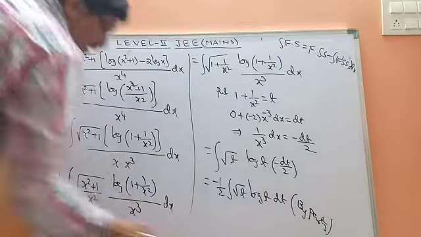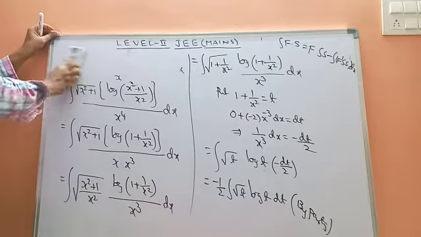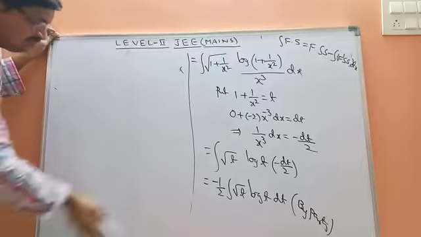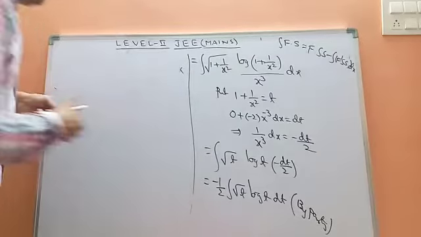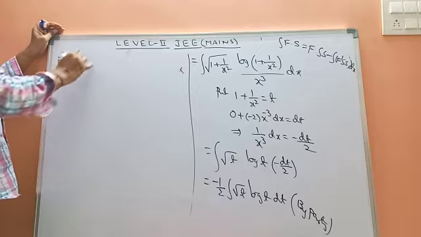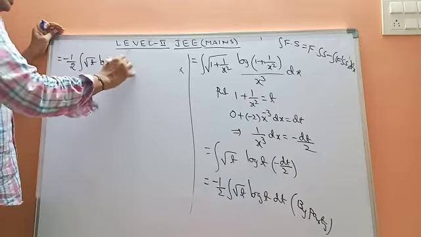Now look here, the remaining part. Do the integration by parts here. This equals minus 1 by 2 integral of root t into log t dt.